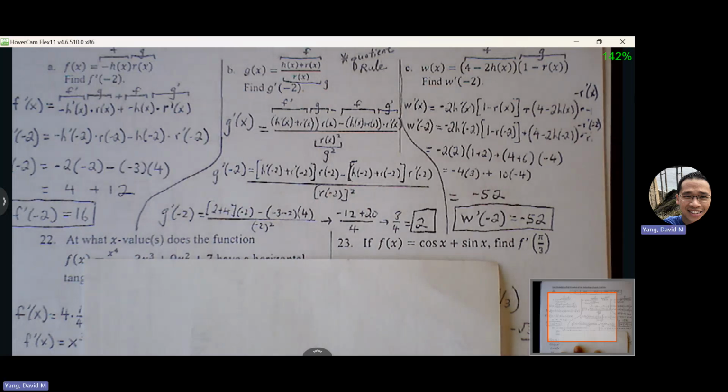The last part C got cut off. It'd be negative r prime of x, and then negative r prime of -2, and that becomes -4.